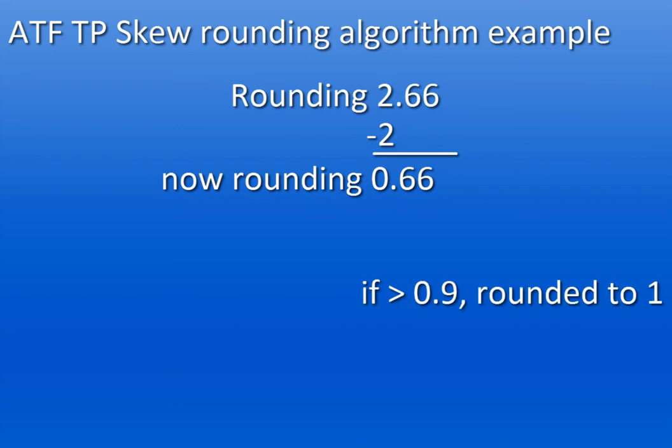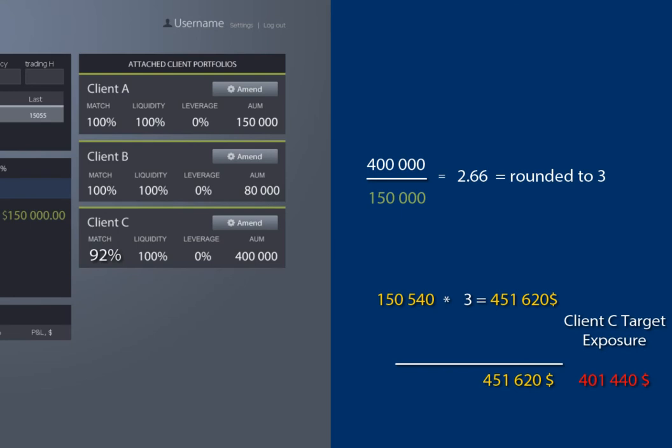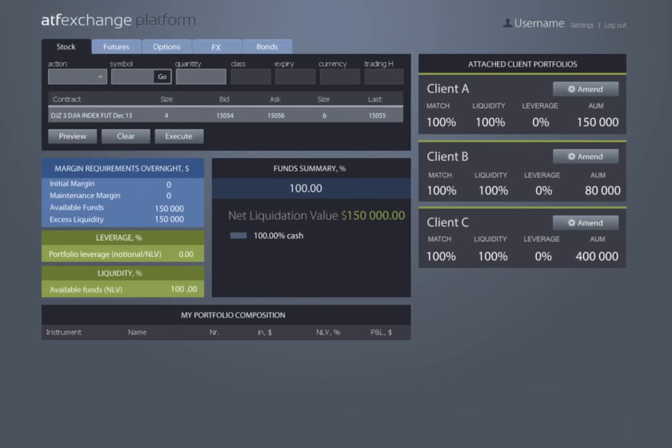Anything above 0.9 is rounded to 1, and anything below 0.9 is rounded to 0. So, if proxy instruments are not available, our system would advise to use 2 futures for account C. However, this method is significantly less accurate than using the allocation algorithm, since the actual exposure of account C to the Dow Jones would then be lower than the targeted exposure, that is around $301,000 instead of $401,000 using the more precise method.